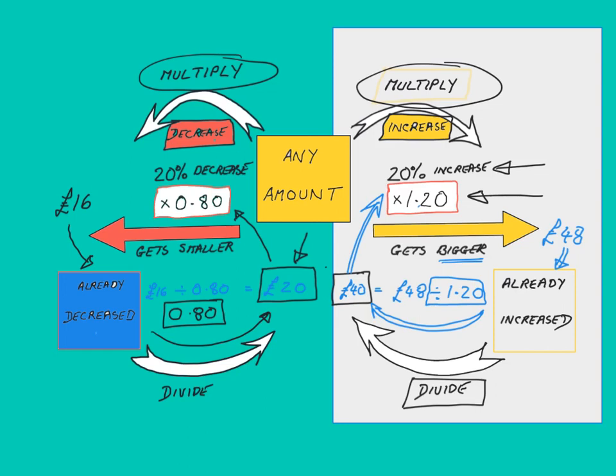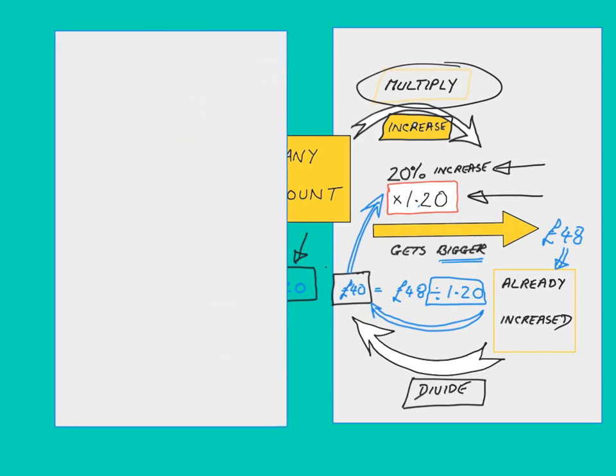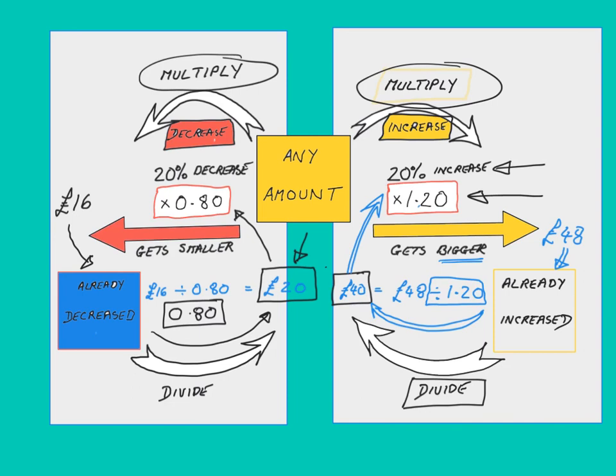And everything on the left-hand side involves multiplying and dividing by numbers smaller than 1, because first we decreased and then we restored the reduction. We brought back the decrease to come back to the original amount.